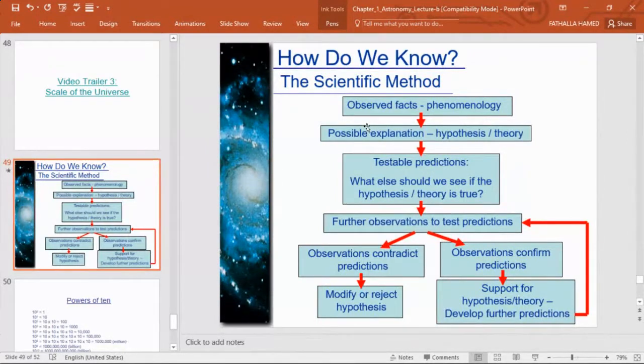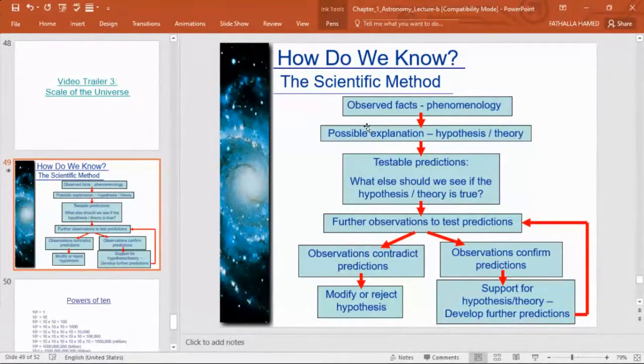And currently, we say, no, we don't know where the center is. The sun is basically the center of our solar system, and it exists in a galaxy, and we have a huge number of galaxies, so we don't really know where the center of the universe is. But our views change, and this depends on our methods. So what we do here is follow something that we call the scientific method.